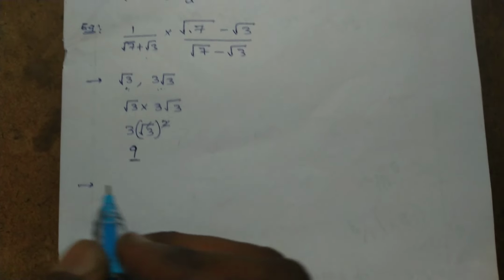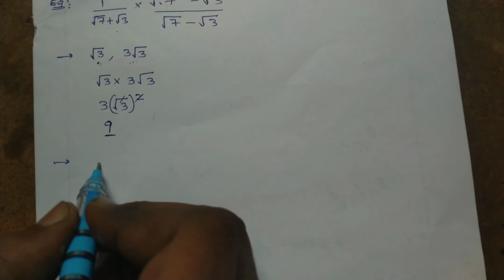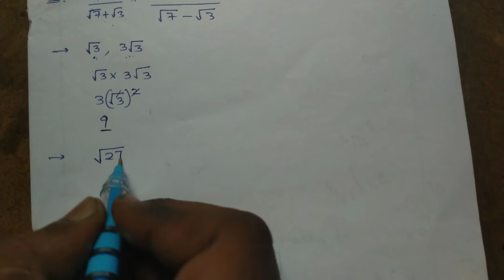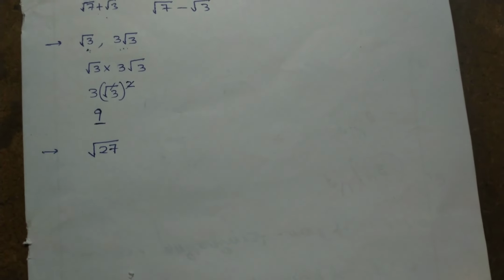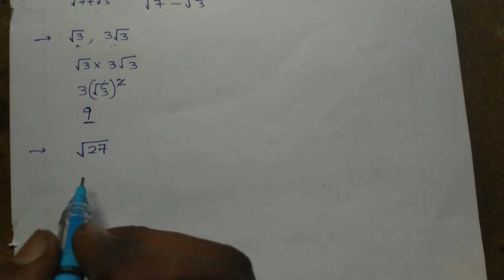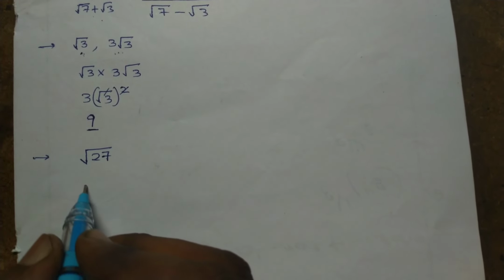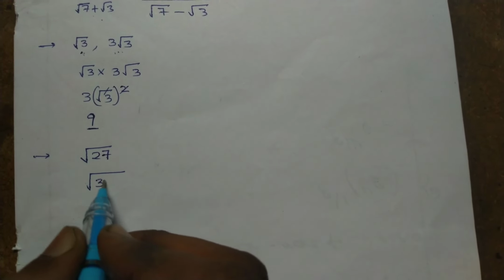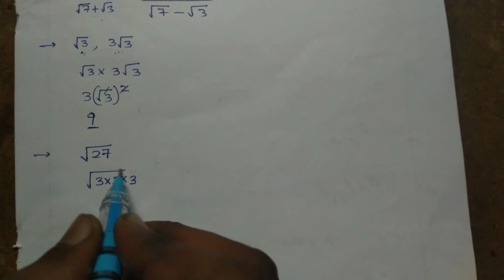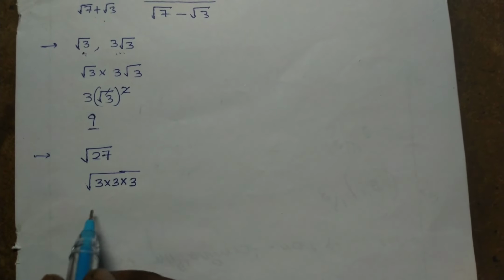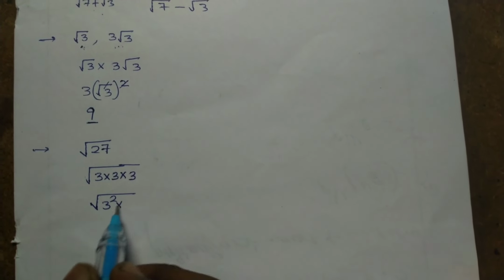Suppose we have root 27. What should be the rationalizing factor of root 27? First convert this into simplest form. Root 27 can be written as 3 into 3 into 3, that is nothing but 3 square into 3.